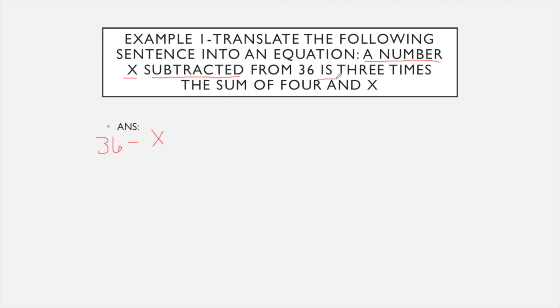That is x subtracted from 36. We see now that means equals 3 times what? It says the sum of. So 3 times two things being added together. And what are those two things? It's the sum of 4 and x.